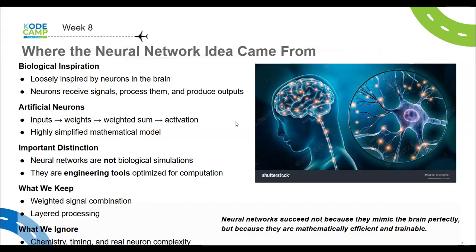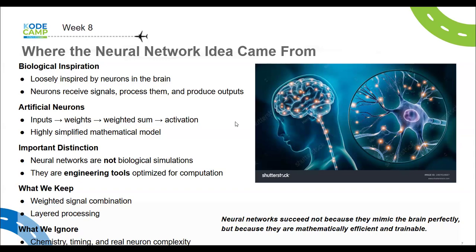The reason why neural networks are successful is not because they are perfect at mimicking that brain model that initially was the inspiring idea, but because they have become very efficient mathematically at solving what they do and highly trainable, right?